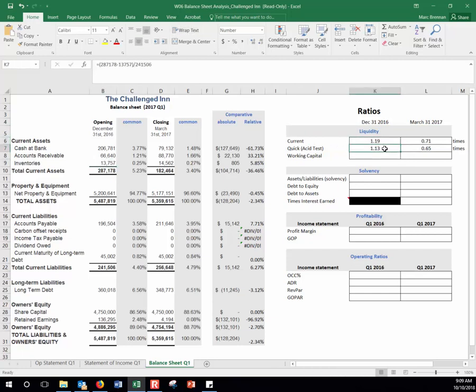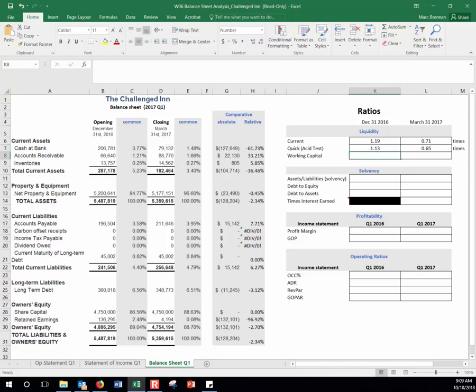So in the previous quarter, we could just barely cover our current liabilities with our current assets without the inventory. Now in this quarter, well, we can't cover it. We're not even covering our current liabilities with our most liquefiable assets.